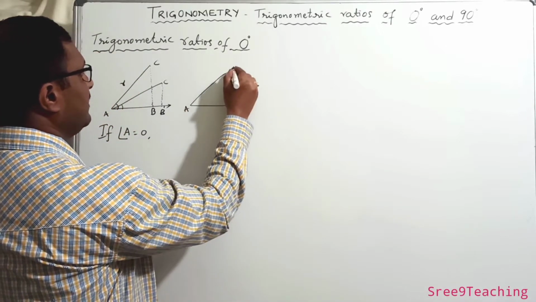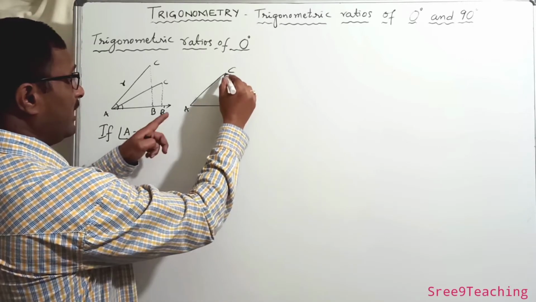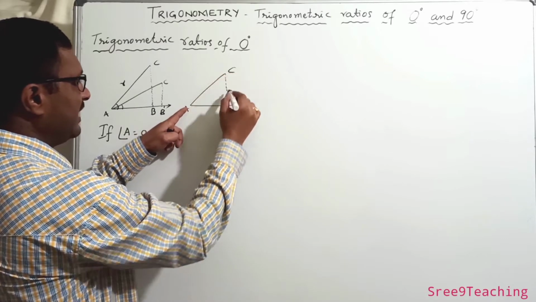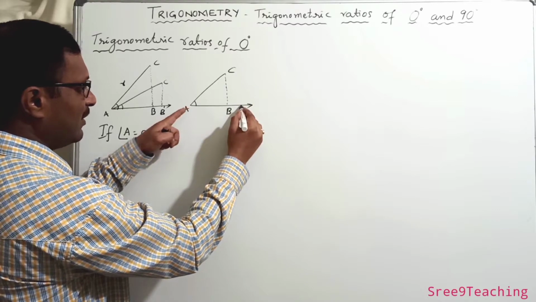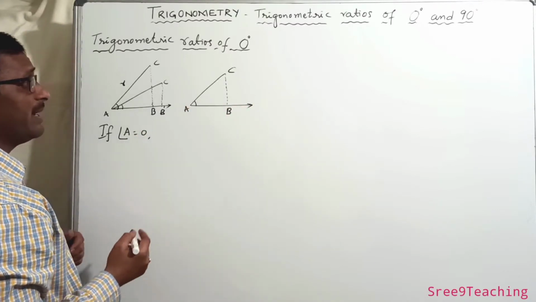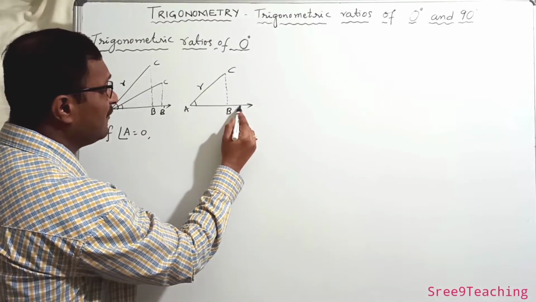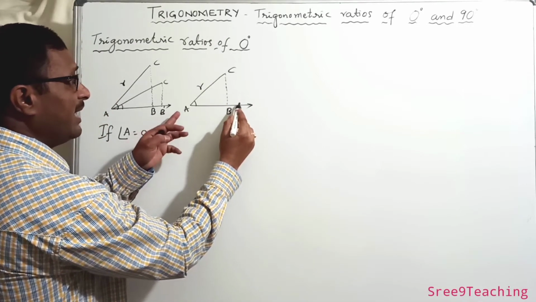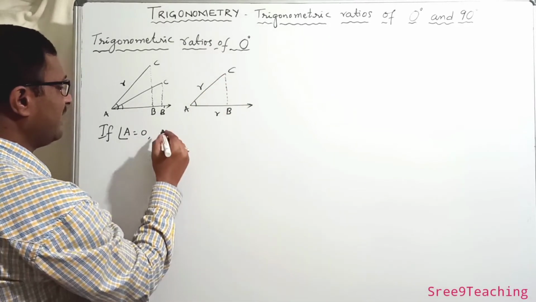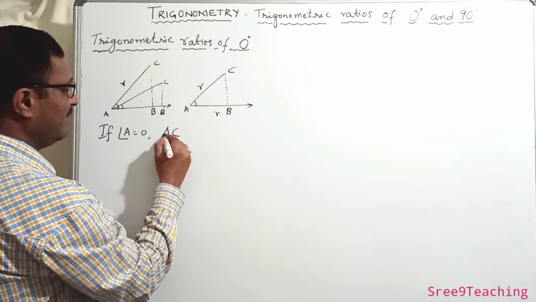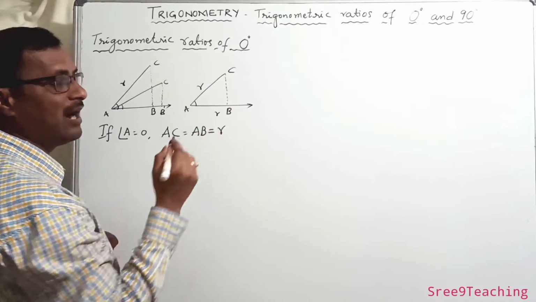This is AC, and this is B. If the angle is getting decreased, AC coincides with this. Then the length of the segment with which AC coincides is also R. It means AC will become equal to AB, and this becomes R.